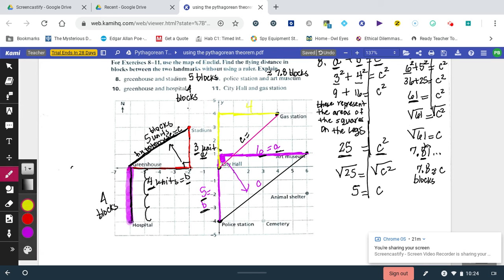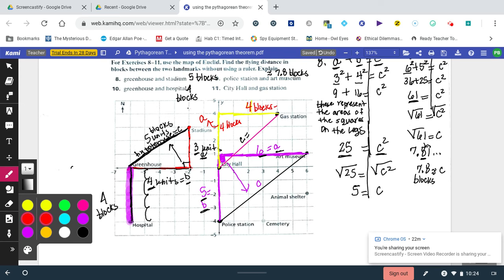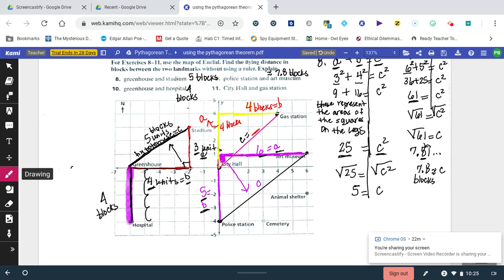All right, this is 4 blocks. So that means A is 4 and B is 4. And C, I don't know, but I'll figure out C in just a little bit. Are we going to figure out C by using the Pythagorean theorem?